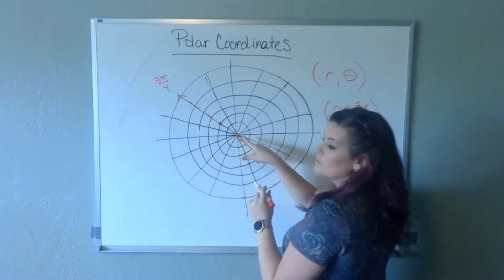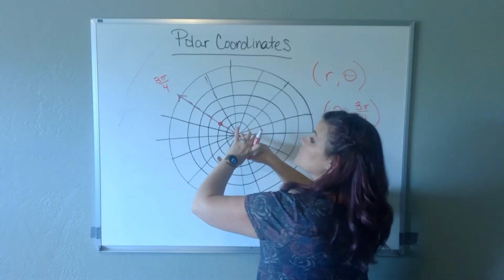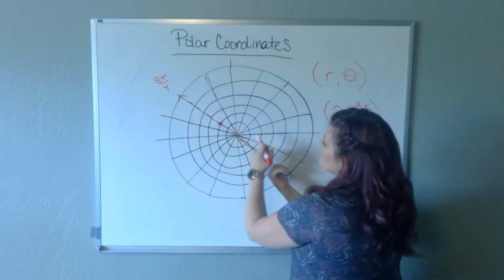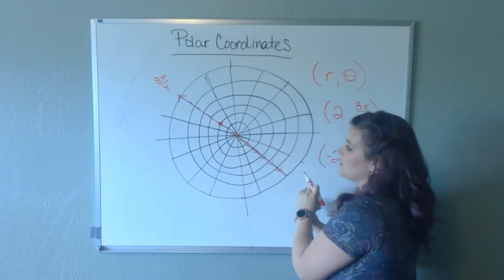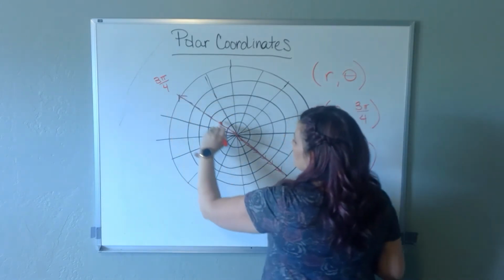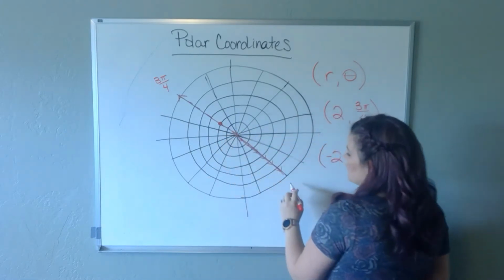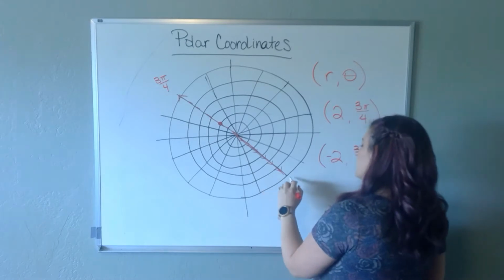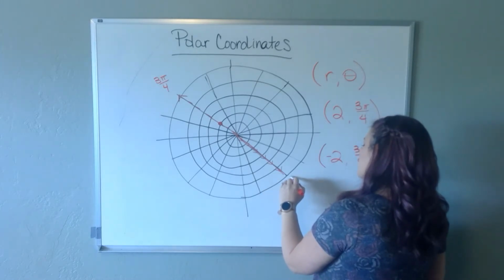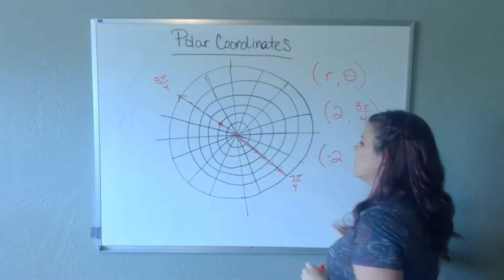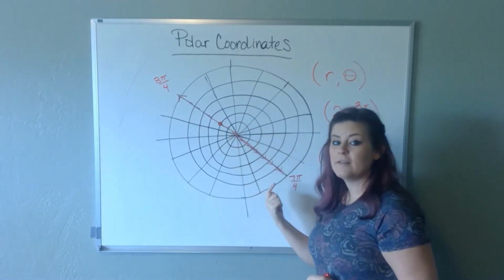So starting with the origin, positive r's go toward the theta in your problem. Negative r's go the opposite direction. So think about, find the straight line that connects 3 pi over 4 to this angle in the fourth quadrant, which is actually 7 pi over 4, but we have to be along that line.